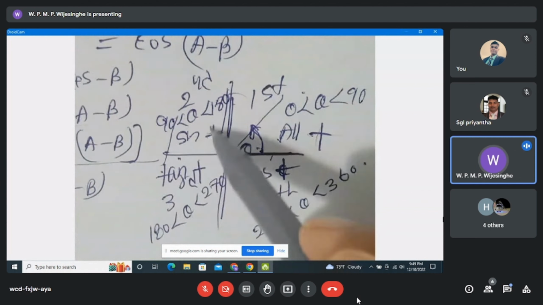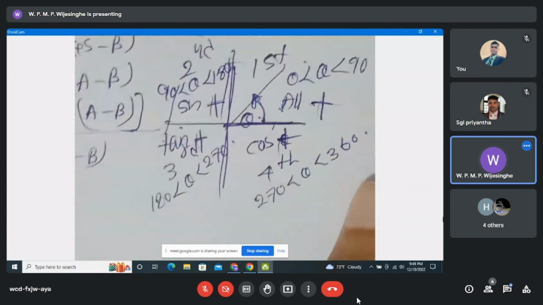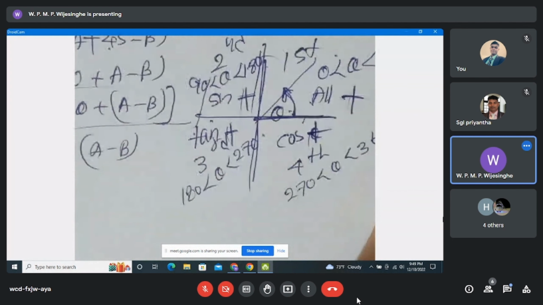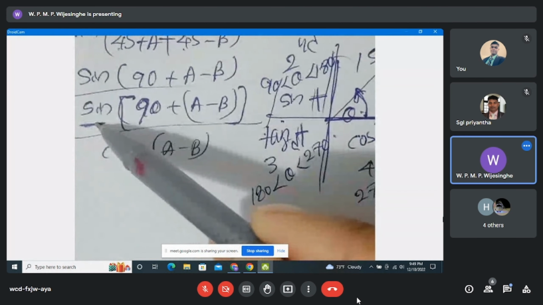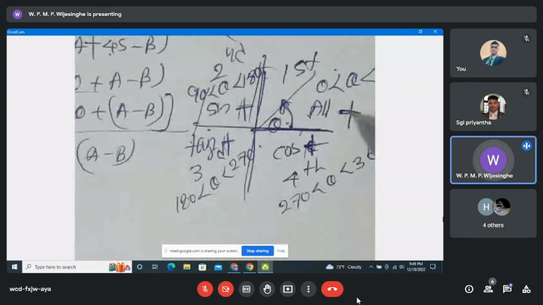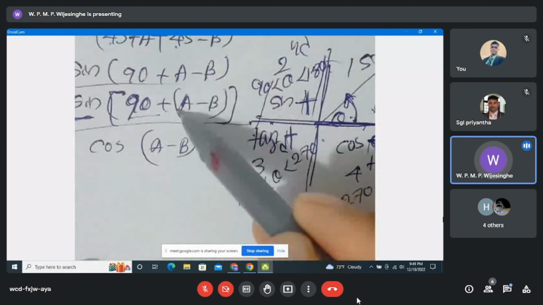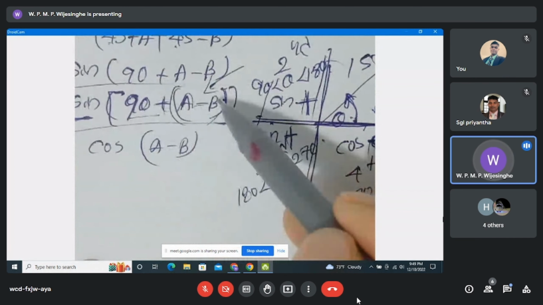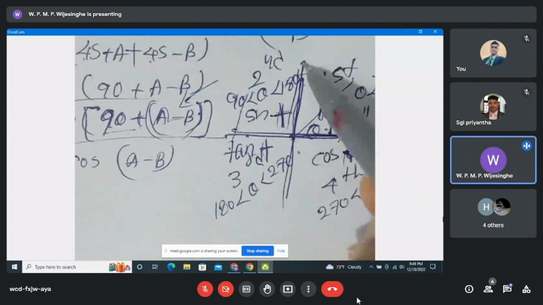All are positive. Sine is positive in this area, right? Here 90 plus A minus B means it is in the second quadrant because it is 90.